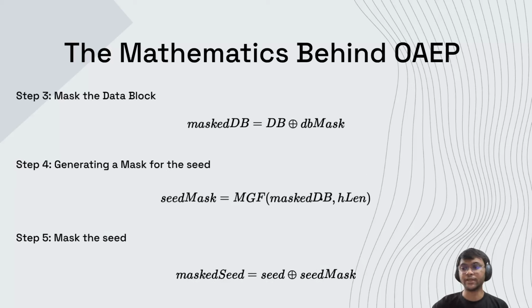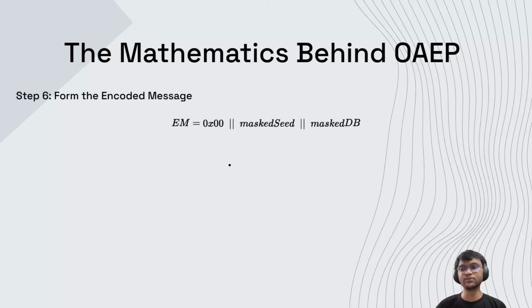Now we're ready to combine the original seed and the new mask with an XOR operator. And that will give us the masked seed. The seed is also scrambled at this point by the data block. Now we are ready to build the final block. Simply concatenate everything into a k-byte string. We'll use the 00 starting bytes. We'll use the masked seed and the masked DB.